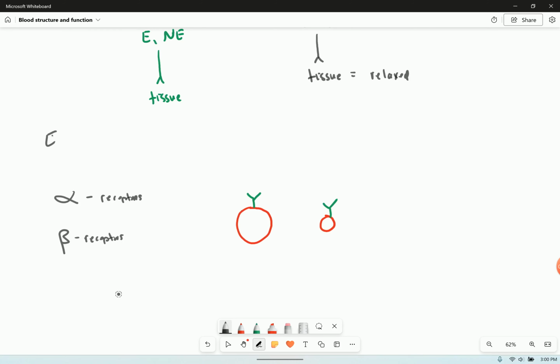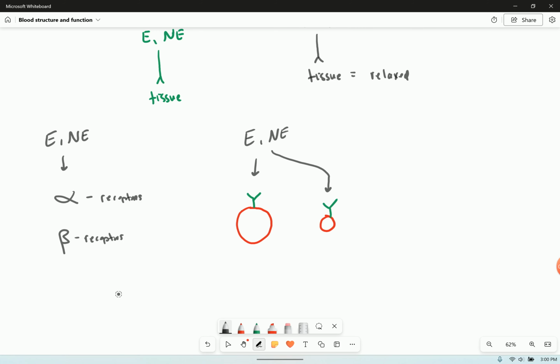When epinephrine, norepinephrine are released, they are going to bind to a receptor.